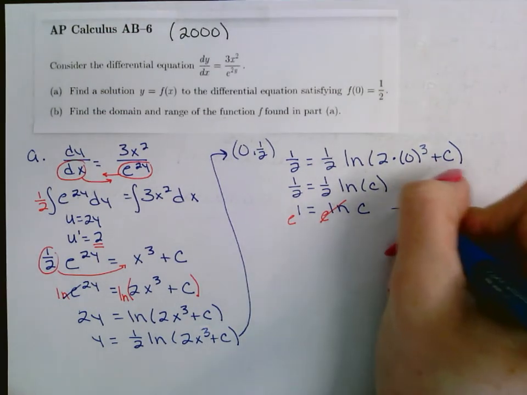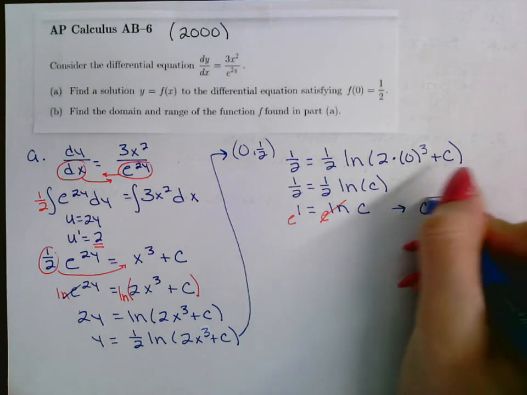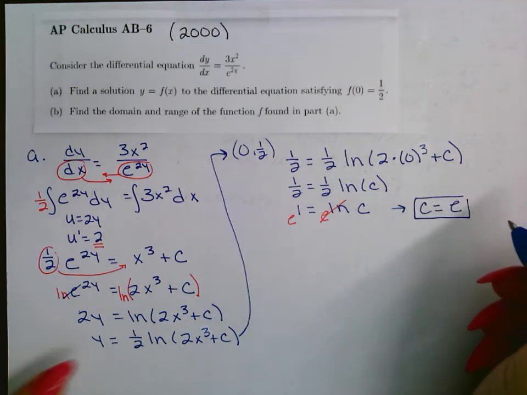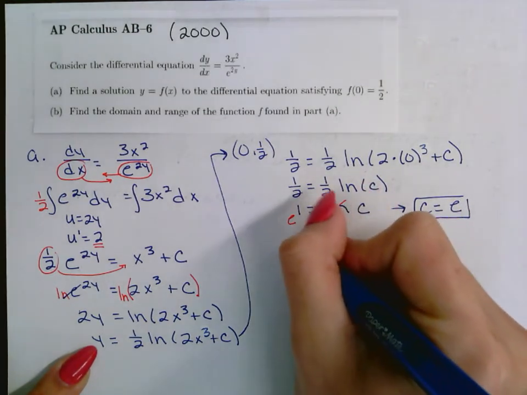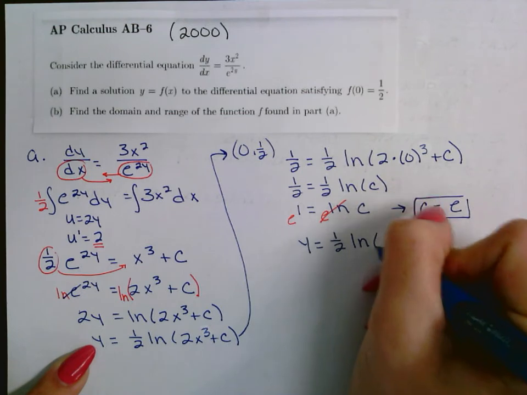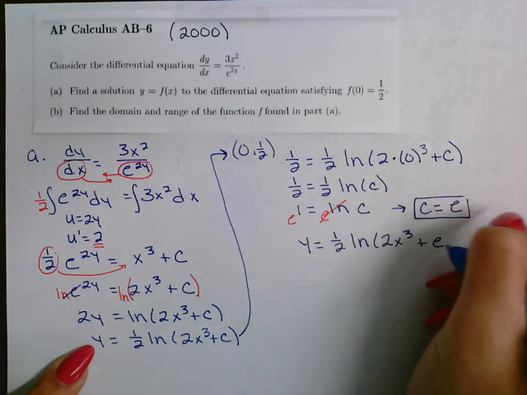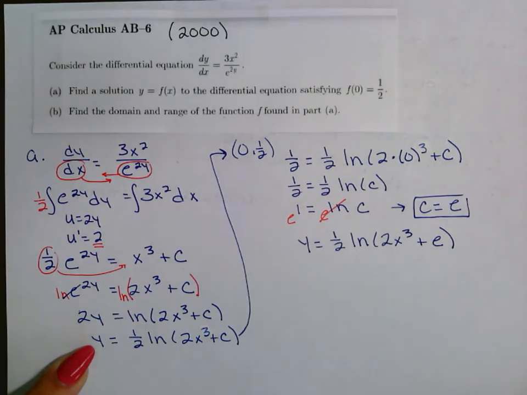So I have that c equals e to the first power. Okay? Now last step is just to plug it into my equation. y equals half ln of 2x cubed plus e. Okay? And that is it for part A.